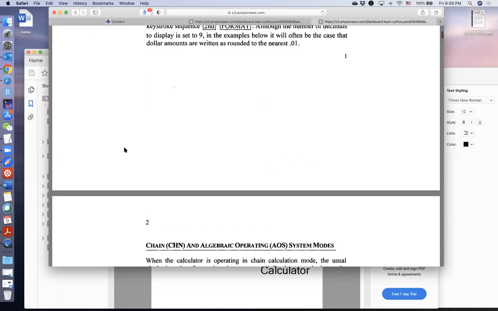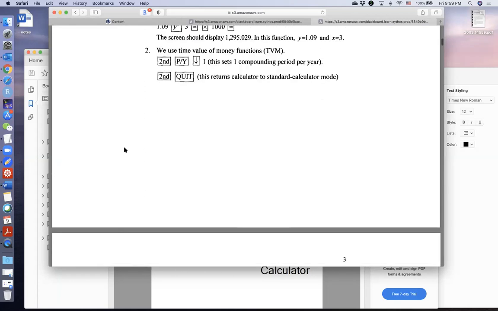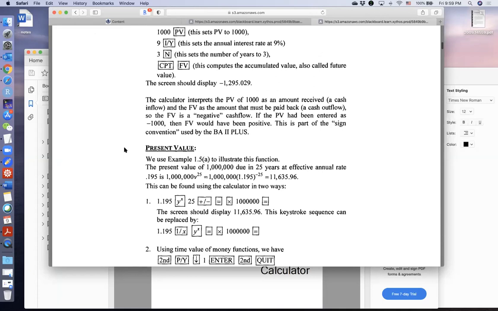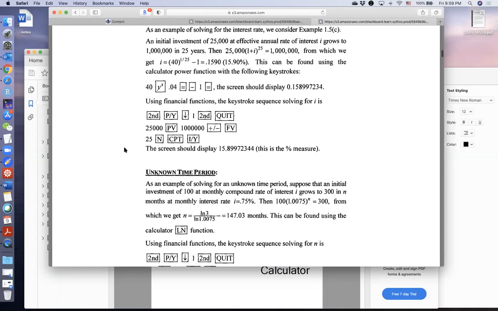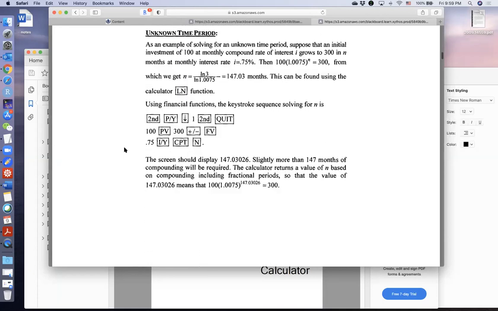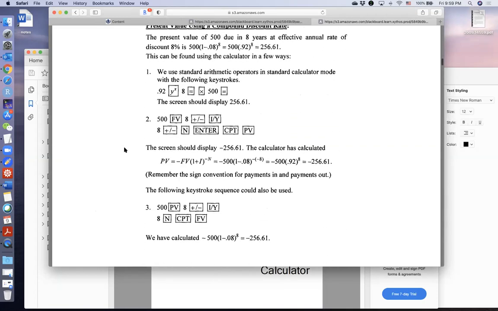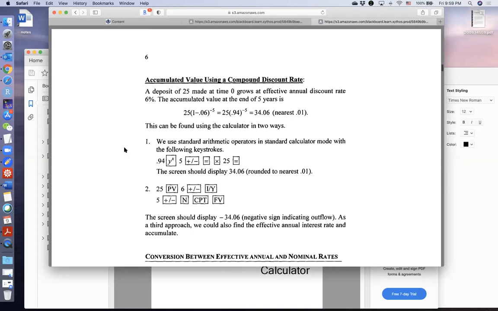This tells you how you can calculate PV, FV, time periods N, or interest rate, etc. Here you have the examples. You may have a different calculator than the one showing here, but the basic things should be the same.